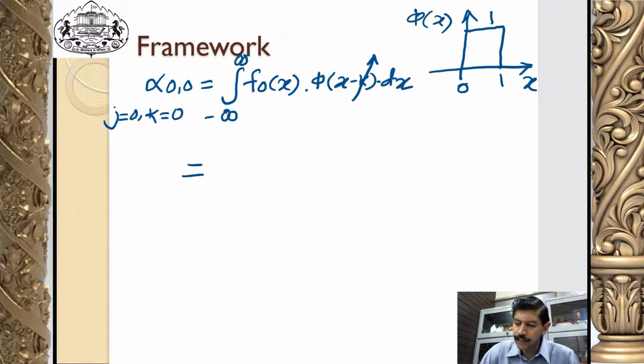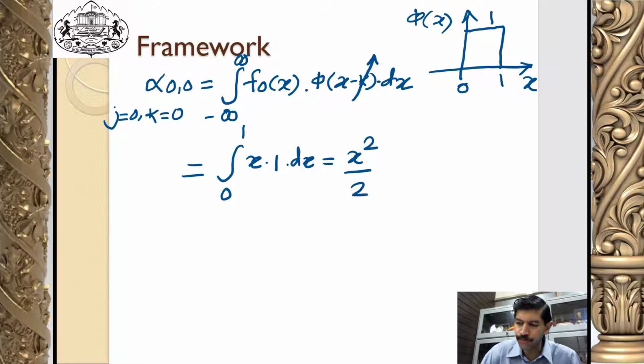So this integration will be 0 everywhere except from 0 to 1. So let's solve it for 0 to 1. F of x is x between 0 to 3. So it will be x into phi of x, which is 1 between 0 to 1, so it will be 1 into dx. This essentially means that this will be x square upon 2 and the limits are 0 and 1.